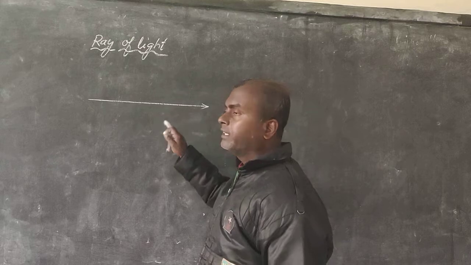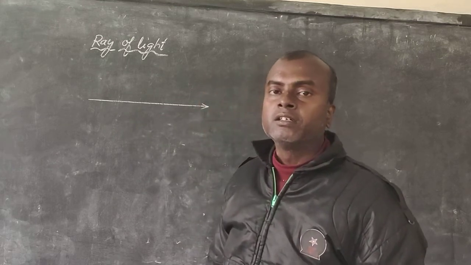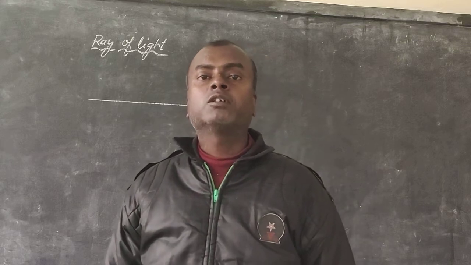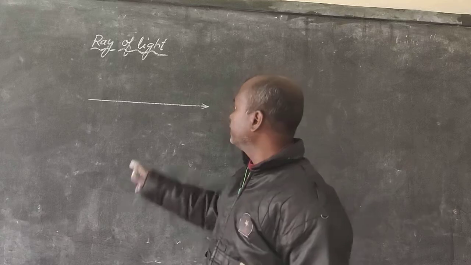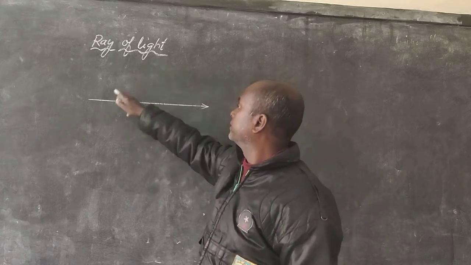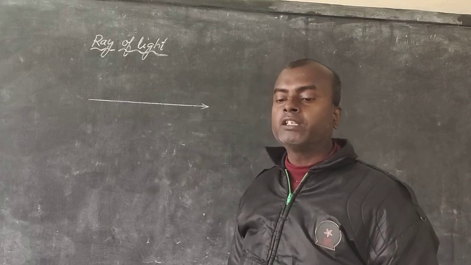So a ray of light is a straight line with an arrowhead representing the direction or the path of light. Light travels in a straight line path, and that path is denoted by drawing a straight line or many straight lines together.